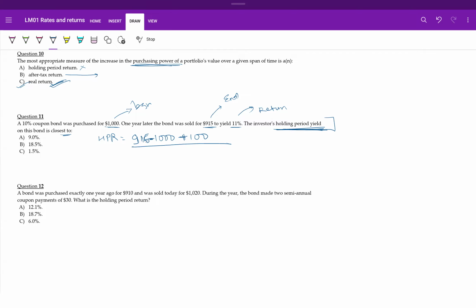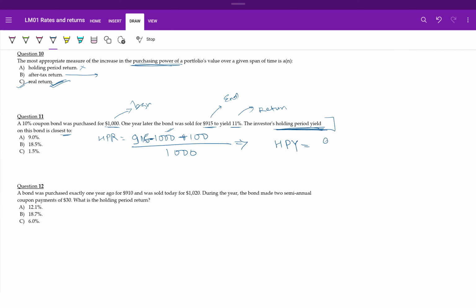So when we divide it by 1,000, this was supposed to give us our holding period return. But here they are talking about the holding period yield, so we are not going to include our $1,000 here. The holding period yield is where we do not consider the beginning value.